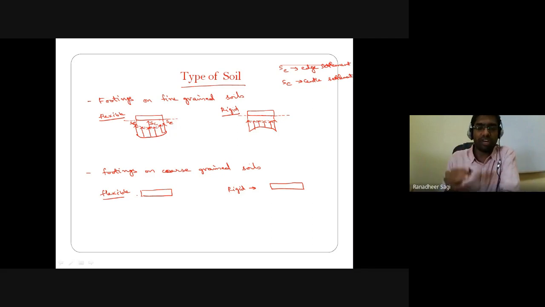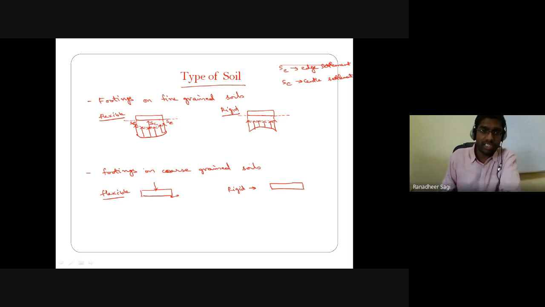So when the load is transferred through the flexible footing onto the soil, the soil grains available at the edges of the flexible footing would easily get sheared off first. Those soil grains at the edges will easily get sheared, getting displaced from their position to some other new position.